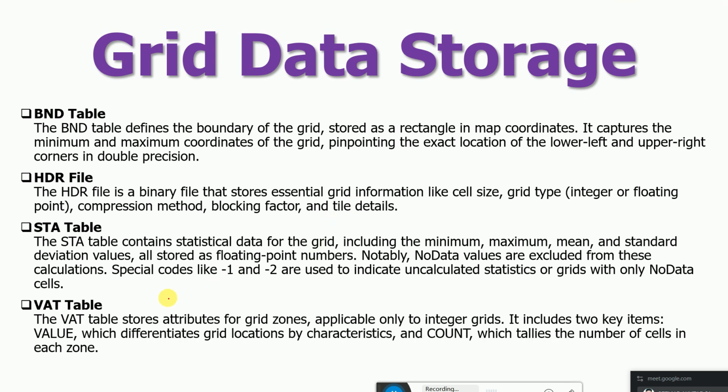Here special codes like -1 and -2 are used to indicate uncalculated statistics or grids with only no data cells. So no data cells for uncalculated, then there are -1 and -2 values. It means no statistical value, and that there is no data. It means missing values are present.